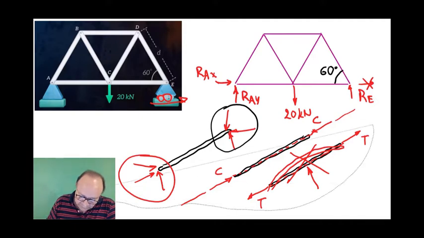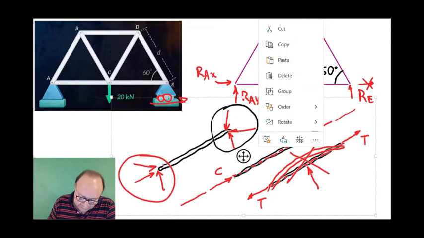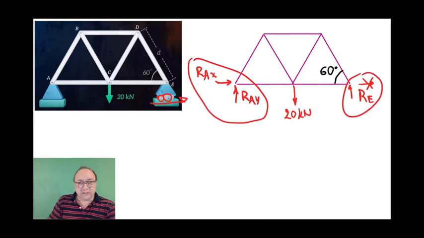Once you have the free body diagram of the structure and you calculate the external reactions, then you can start analyzing joint by joint in order to get the forces on the elements.